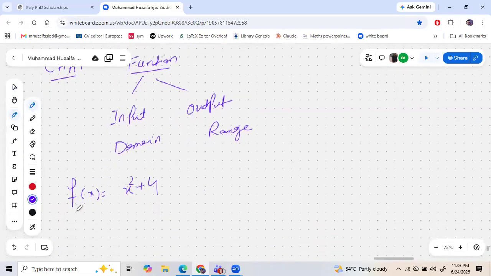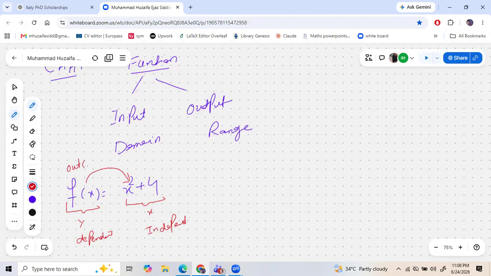So this side is called the y side, and this is equal to x, and this is also called the dependent, and this is the independent. This side depends on this side. This is called the outcomes, and this is the input. Okay. Any confusion?